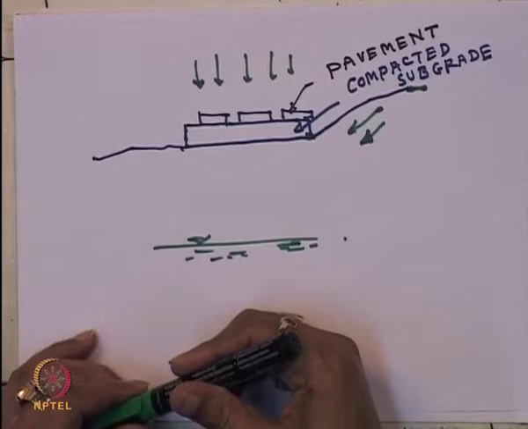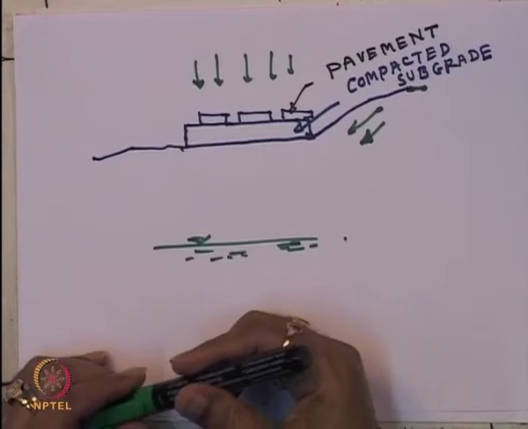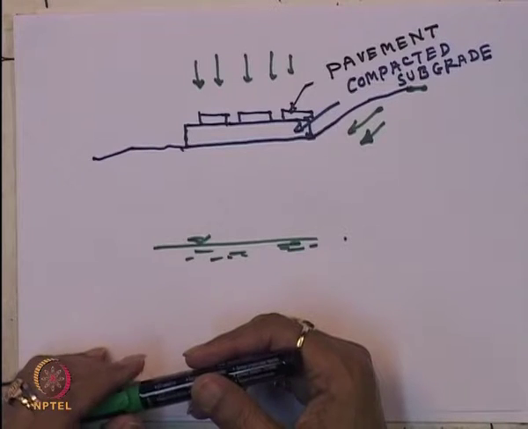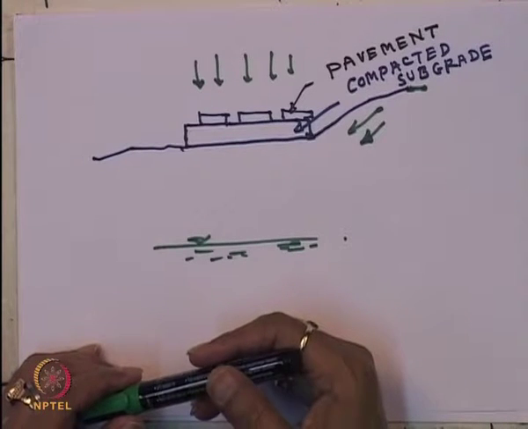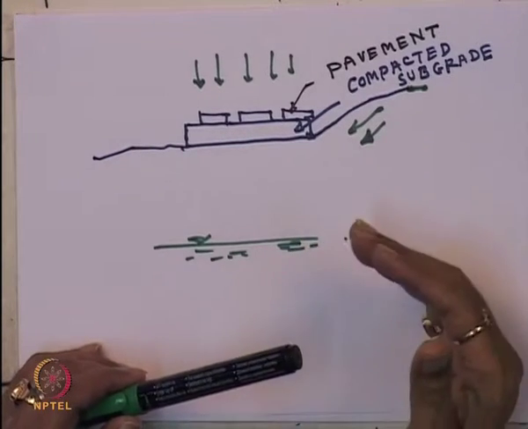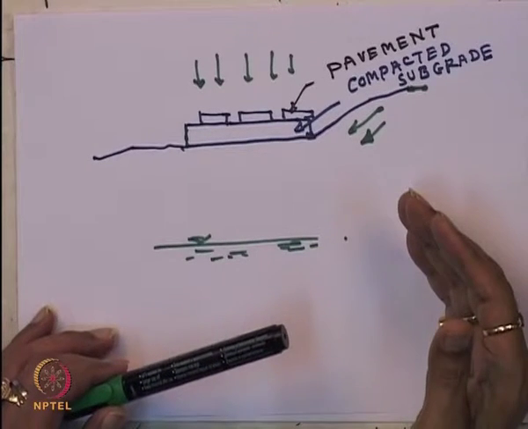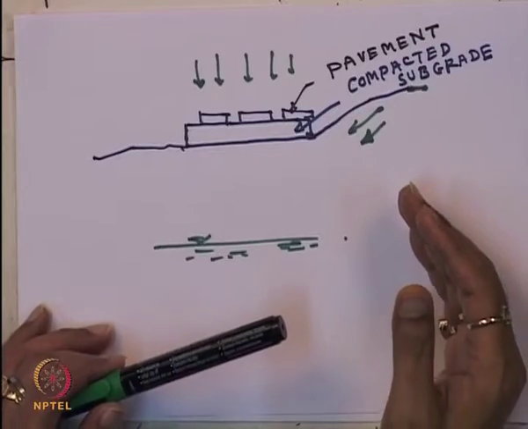So, what can we adopt? We can provide the proper kind of drainage and filtration system, and let us see what types of conventional systems are in use.